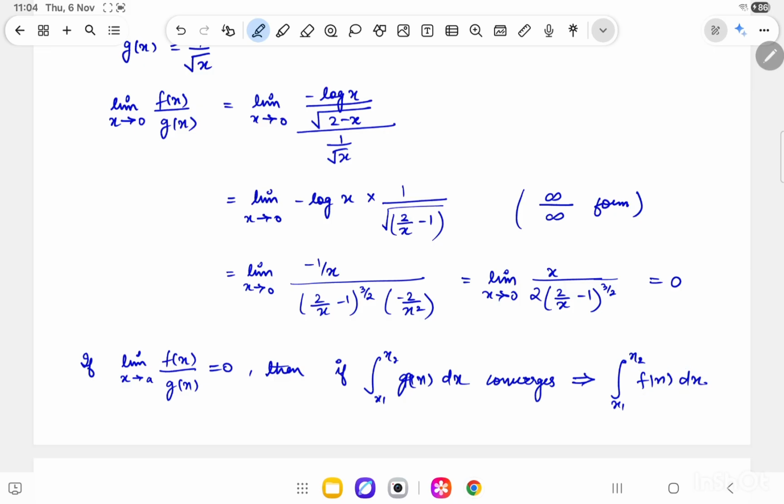But we cannot say anything about the other direction: if g(x) diverges, then we cannot comment about the divergence or convergence of f(x).